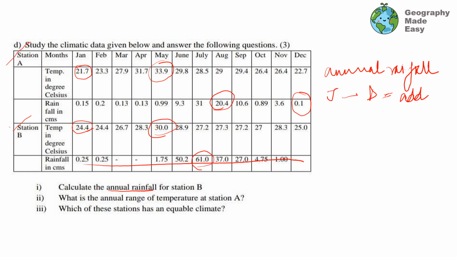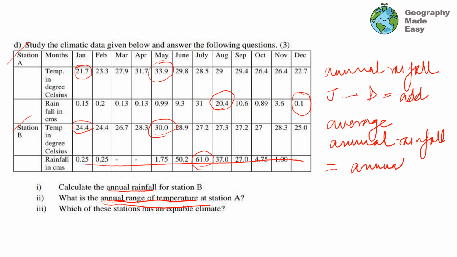If they ask for the average annual temperature, which is the next question, that is the annual range of temperature. But if they ask for the average annual rainfall, then it is the annual rainfall divided by 12, because they are asking me about the average or the mean.